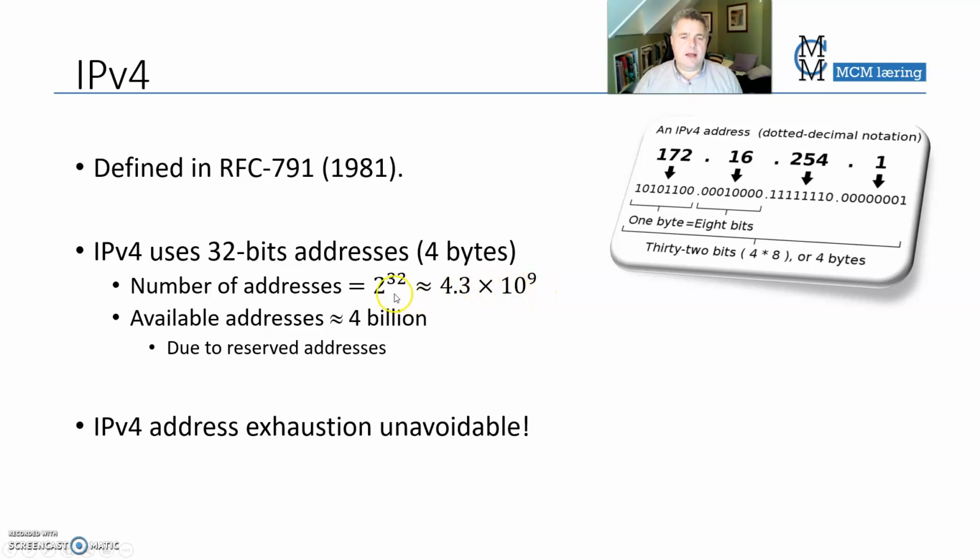We have about 7 billion people on the earth. So as I guess you see, the number of available addresses is by far not enough. I guess I myself hold at any moment about 10 IP addresses.